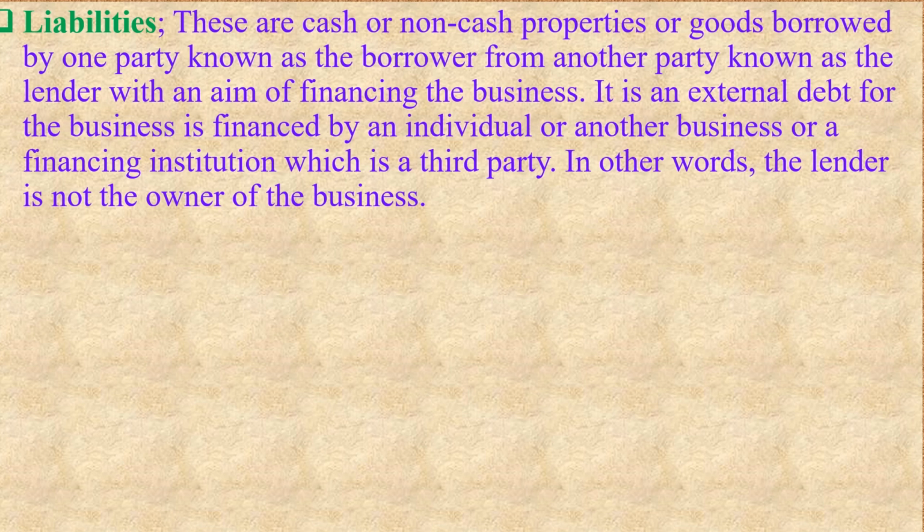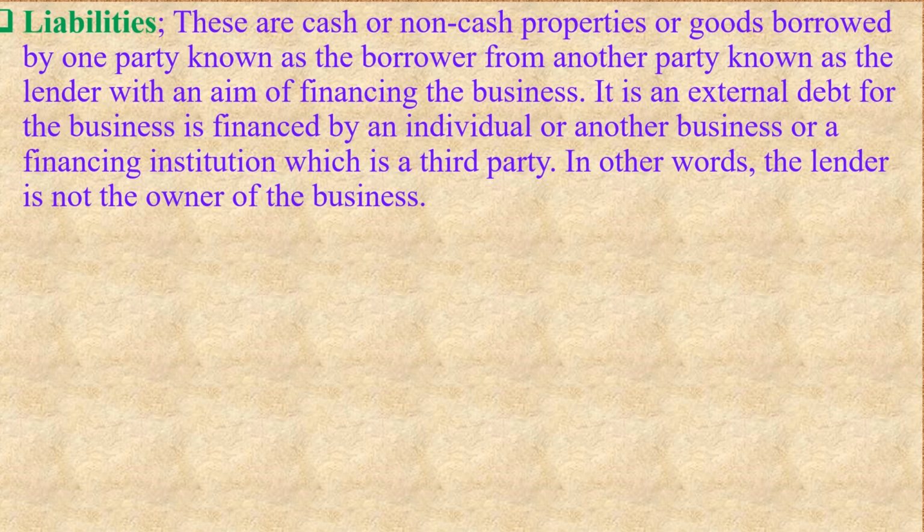It is an external debt, for the business is financed by an individual or another business, or a financing institution like a bank, a SACCO, or even an insurance company, which is a third party.